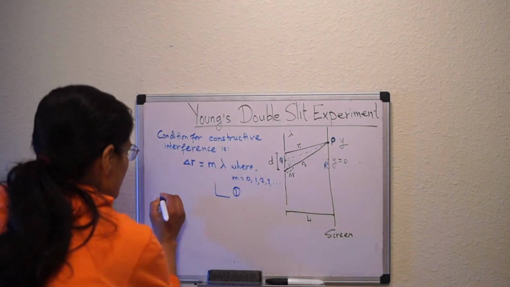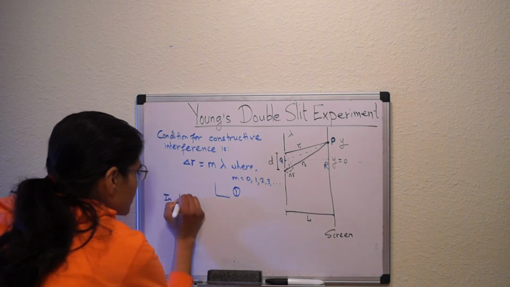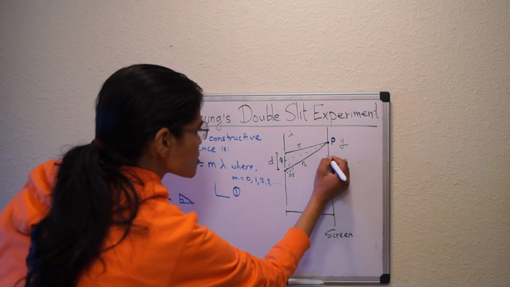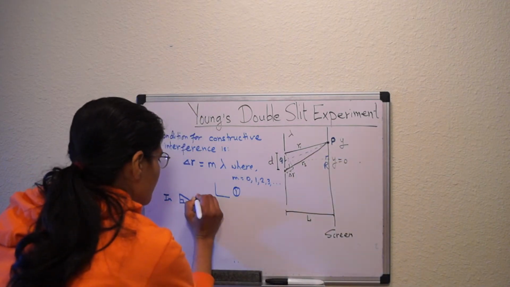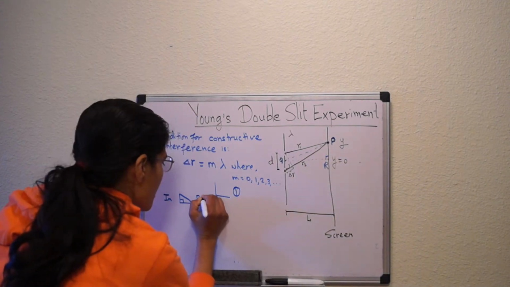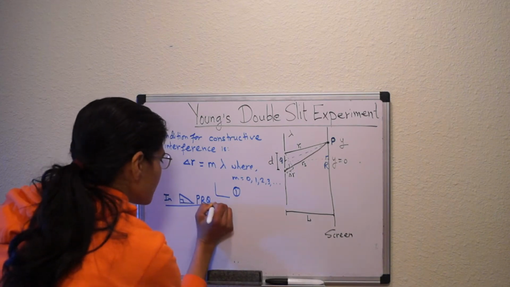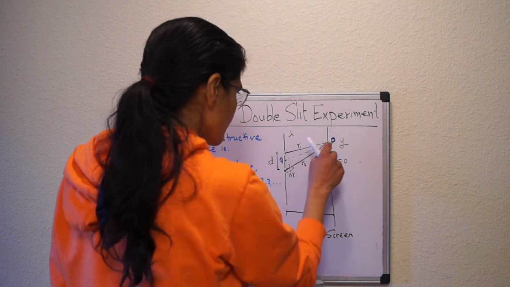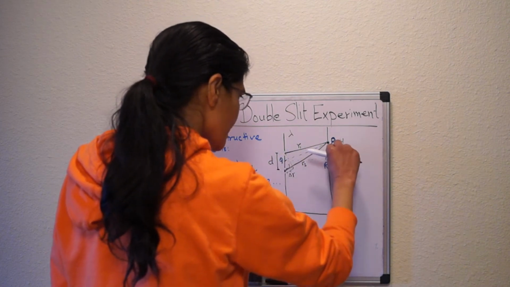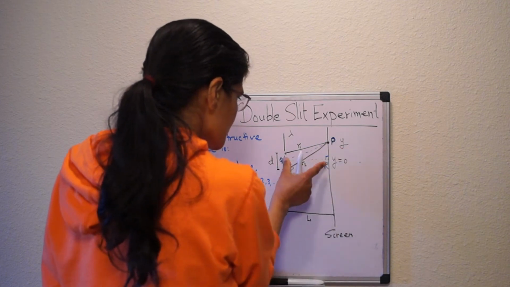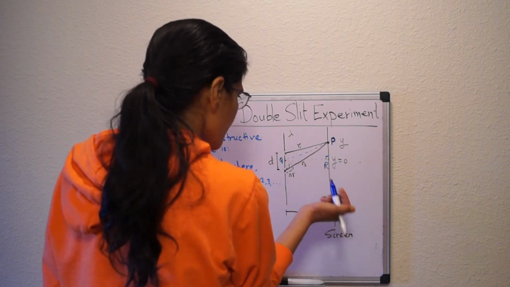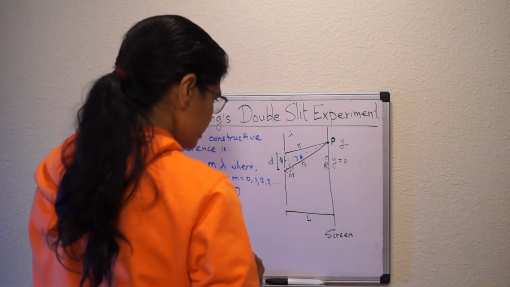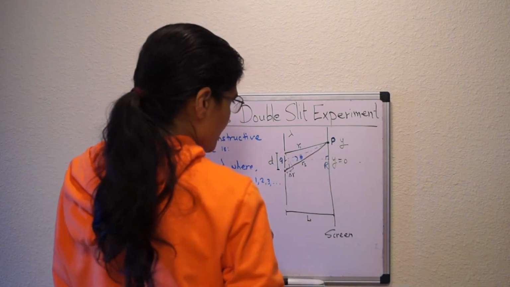So in the right angle triangle P, R, Q, we are given this length as y and this distance as L, and let us write this angle as theta.